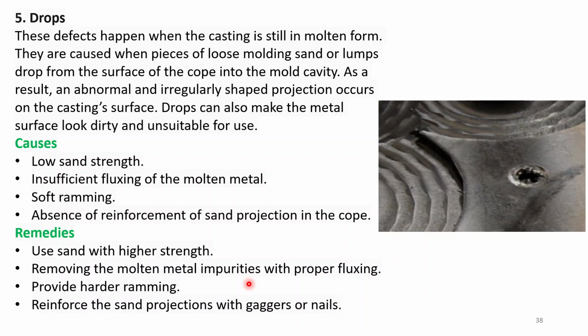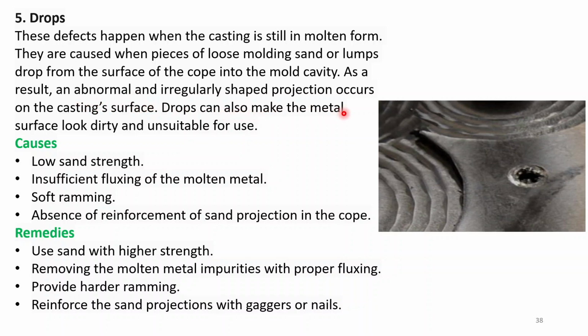Next is drops. These defects happen when the casting is still in molten form, and they are caused when pieces of loose molding sand or lumps drop from the surface of the cope into the mold cavity. As a result, abnormal and irregularly shaped projections occur on the casting surface.